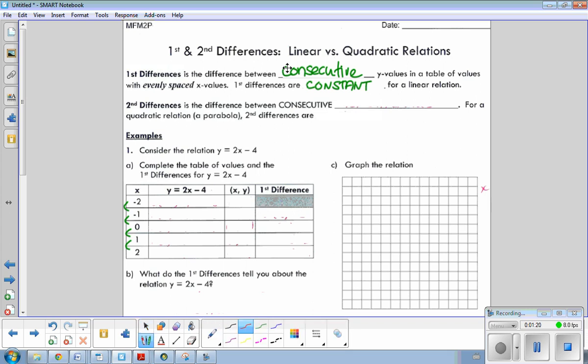The second differences, you just do the same thing again. The second difference is the difference between consecutive first differences. And if it's a quadratic, which makes that parabola shape that we've been learning about, the second differences will be constant.